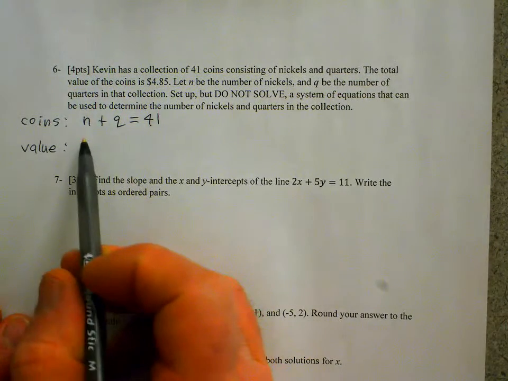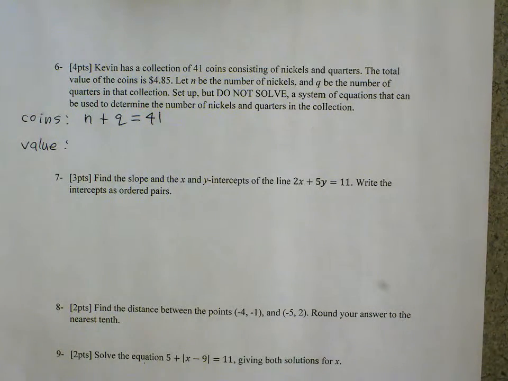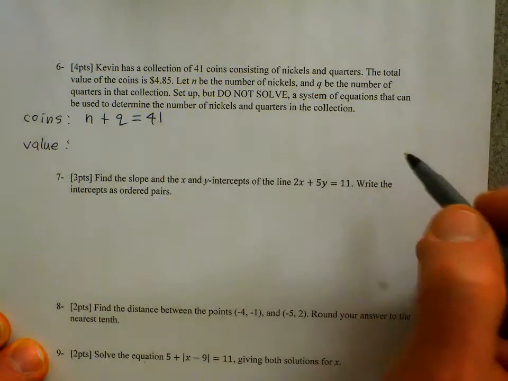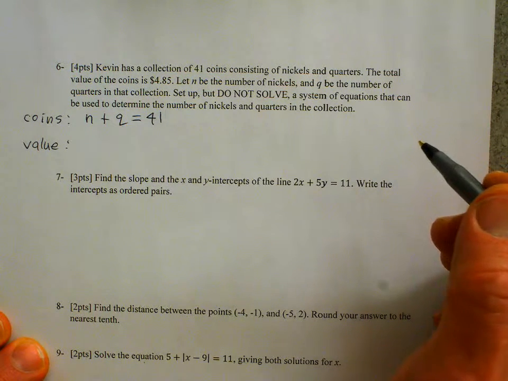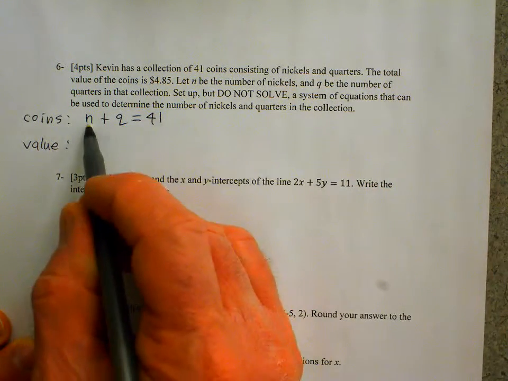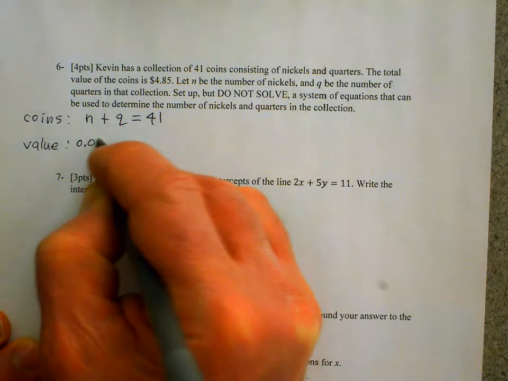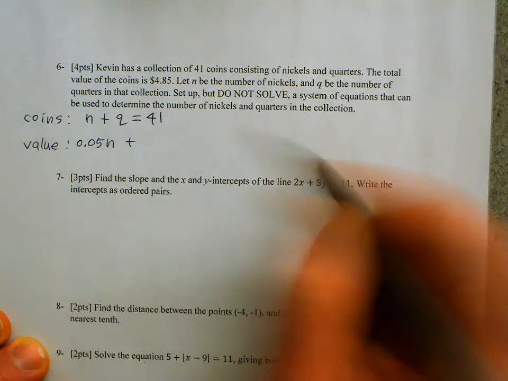Each of those n nickels is worth 5/100ths of a dollar. 5 pennies, 5 cents. But in terms of dollars, it's $0.05 for one nickel. So the value of n nickels is represented by 0.05 times n.